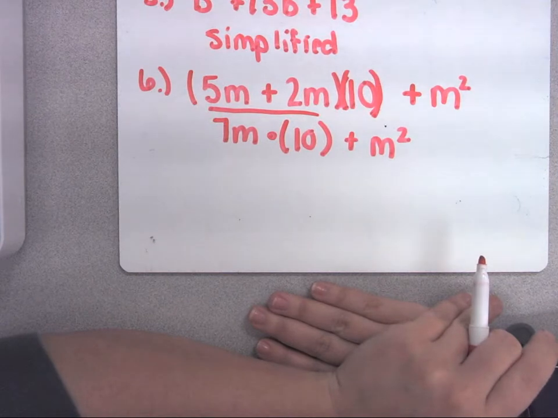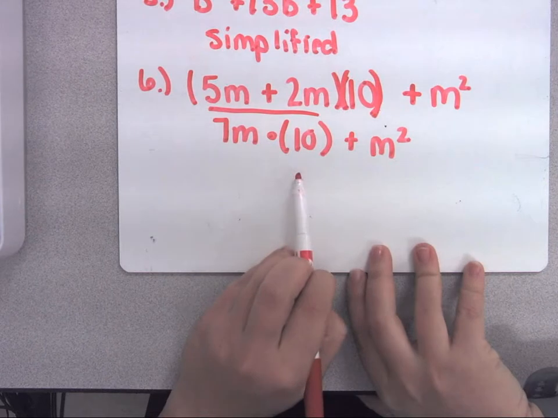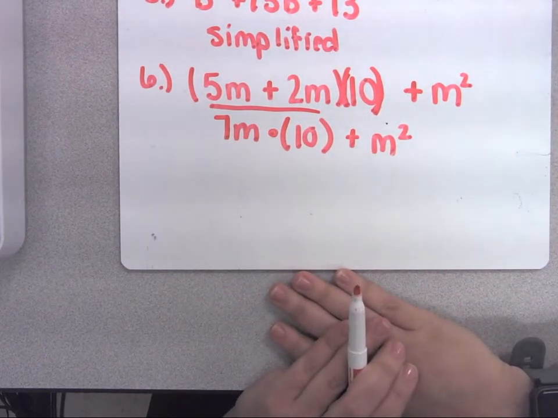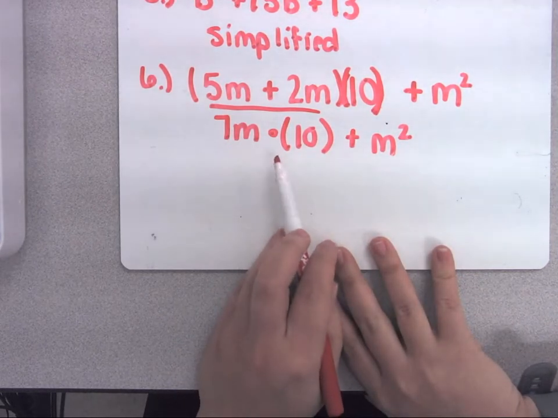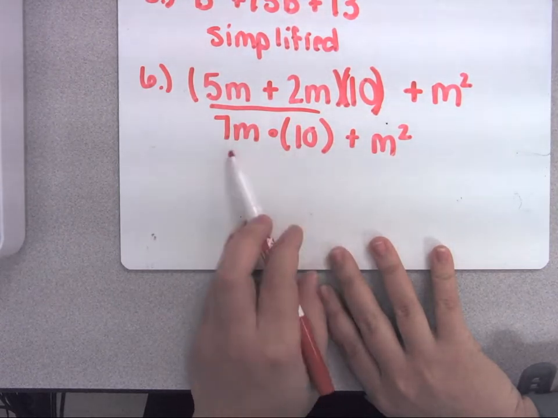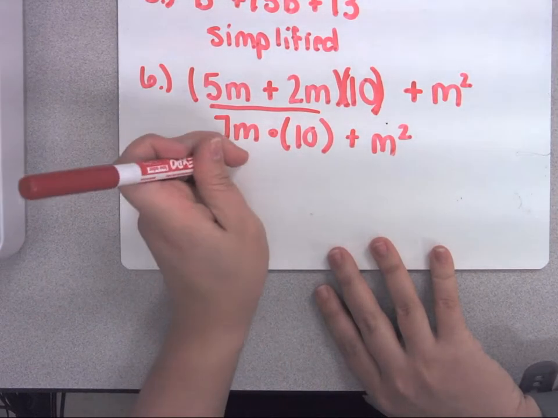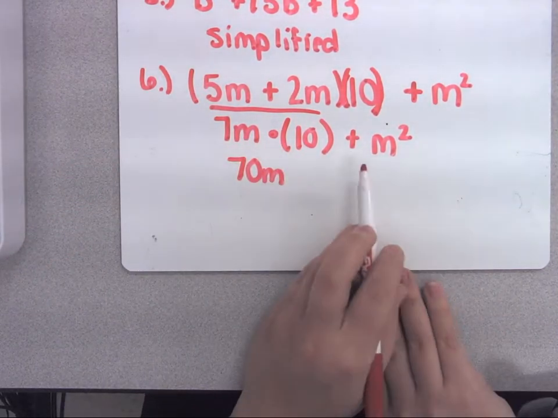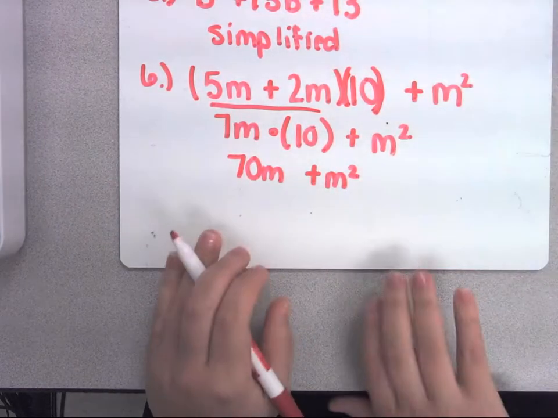Again, our order of operations tells us to do what next? Please excuse exponents. We can't really do anything with that exponent because it's not a whole number. My dear, multiplication, division. Do we have any multiplication? 10 times 7m. With multiplication, you can multiply things that are different. So 10 times 7 is 70m. We didn't do anything with this. Bring it down.